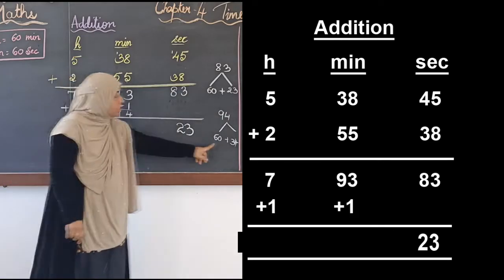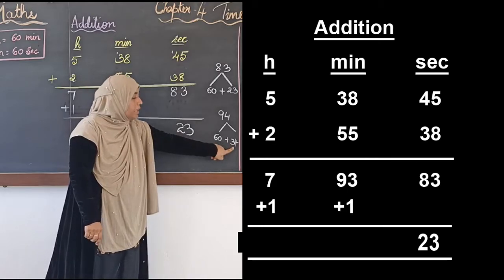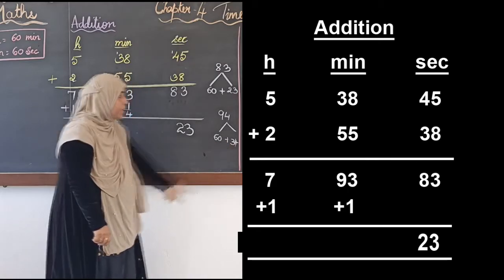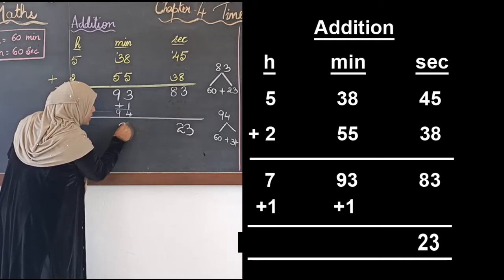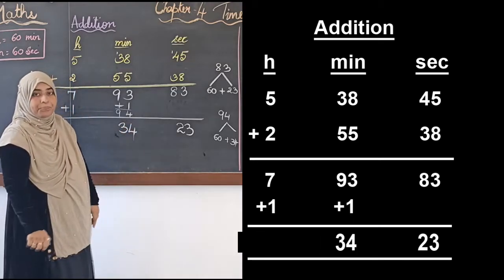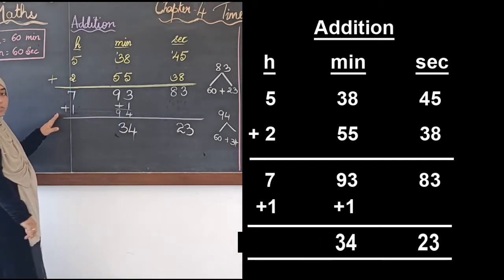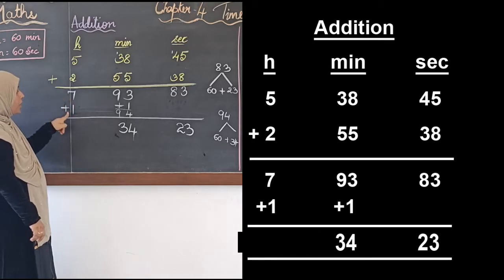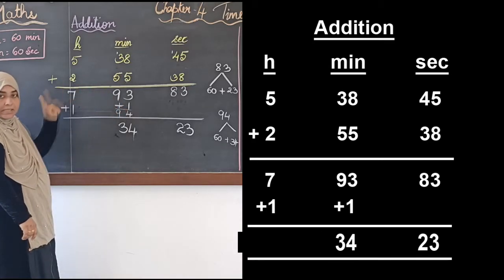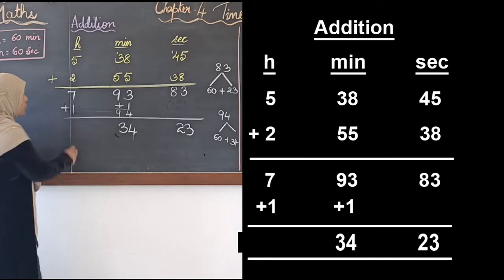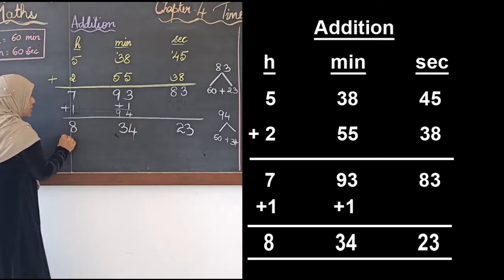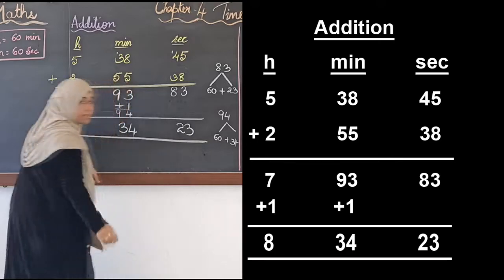When we take out 60 from 94, we are left with 34 minutes. That 34 we will write over here. Now coming to hours, we had 7. 1 hour got added from the minutes section, so 7 plus 1 makes 8. This is your final answer.